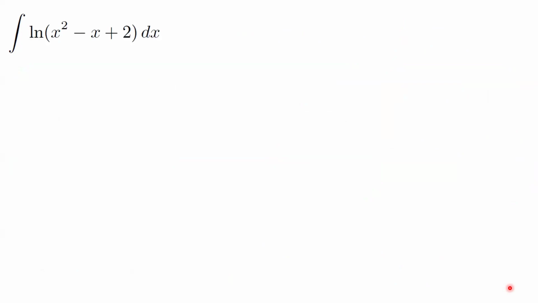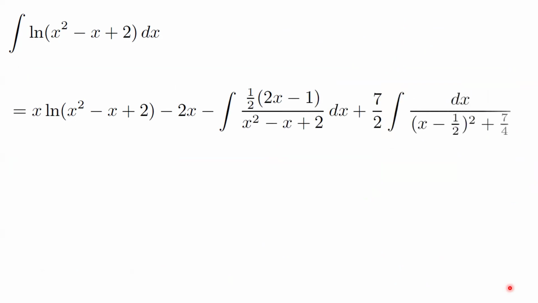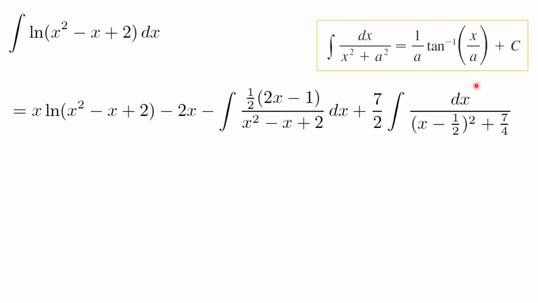Our integral is written as x ln of x squared minus x plus 2 minus 2x minus the integral of a half times 2x minus 1 over x squared minus x plus 2 dx. Now I'm going to take 7 over 2 and write it in front of the integral. For the second integral, I'm going to follow the pattern for inverse tangent.